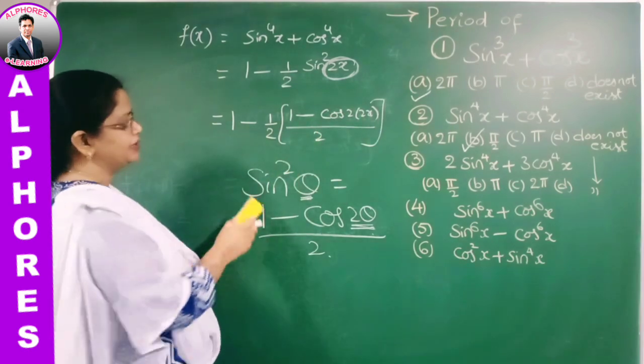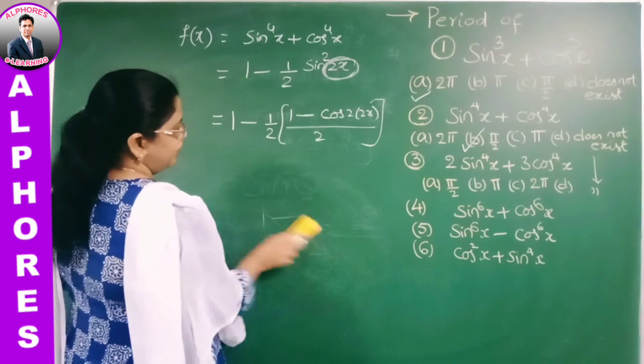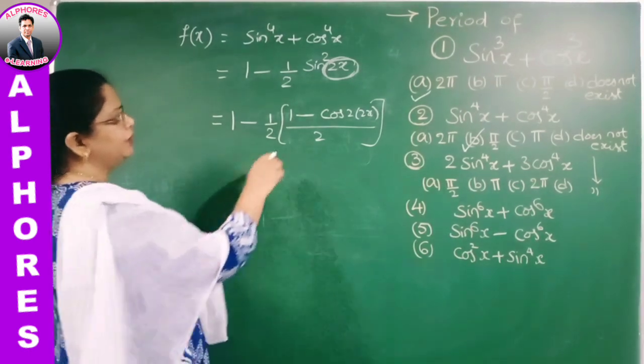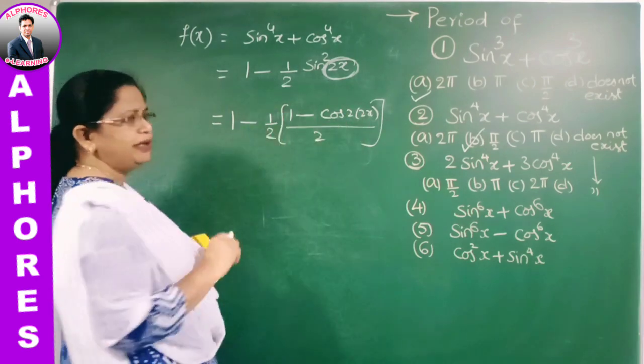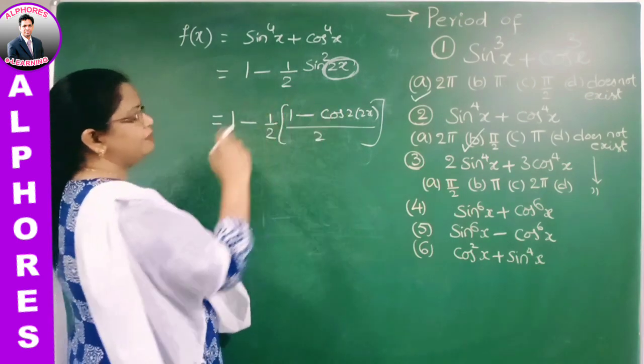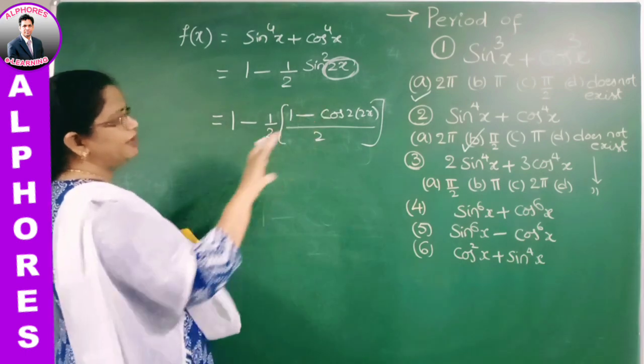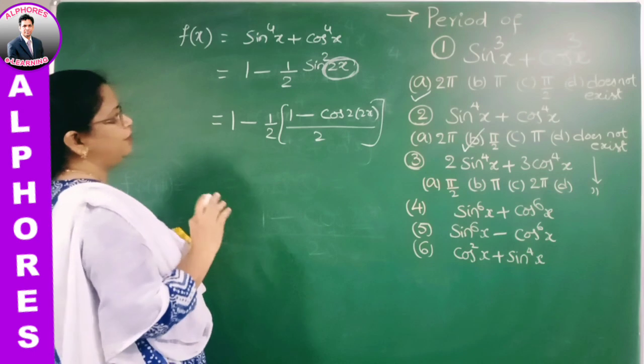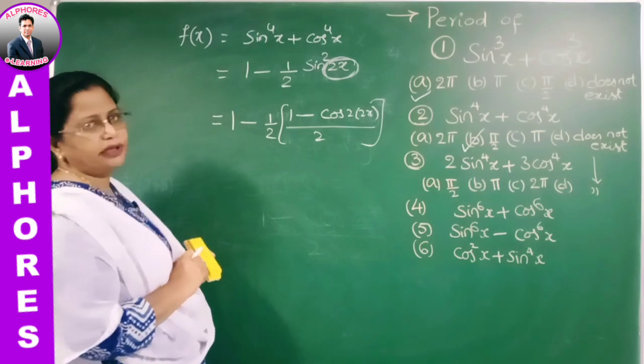It is 4x. Now students, observe our concentration: whenever period problems are concerned, your concentration has to be only on the x coefficient and the particular function. What about all other values? They don't matter. We concentrate here only. Now what about the period of this function?